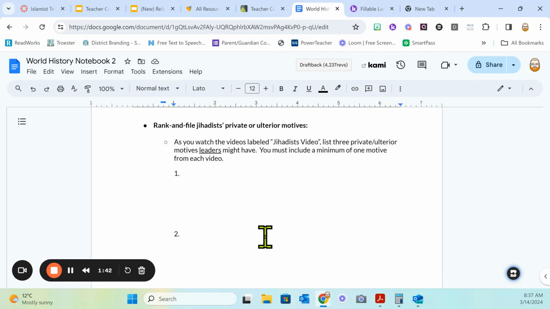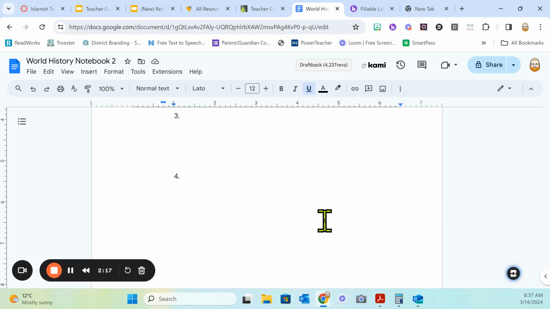You are then going to list 3 private or ulterior motives. I don't know why that says leaders. That should say rank and file jihadis. I'm sure it's printed wrong in your notebook, so cross that out and write rank and file. Obviously, it's not going to fit in the exact same spot. And again, you're going to need 1 motive from each video.